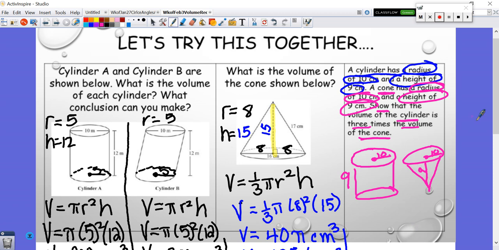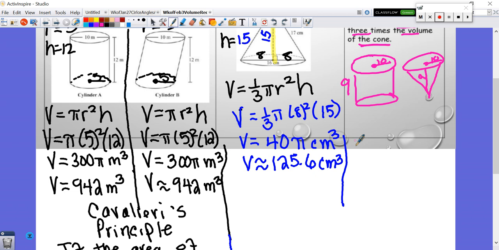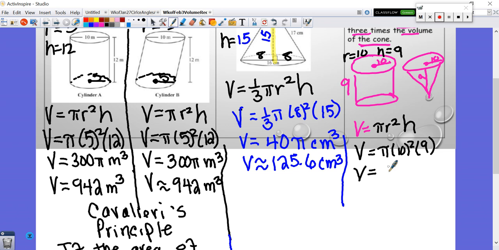Okay, so I need to work my two formulas. So I'm going to go with the volume of a cylinder first, which is pi r squared times height. So volume equals pi 10 squared times 9, because if you need to write it out, radius is 10, height is 9, and that's for both of them. So here, let's do the math. I'm going to get 900 pi, and you can use your calculators.